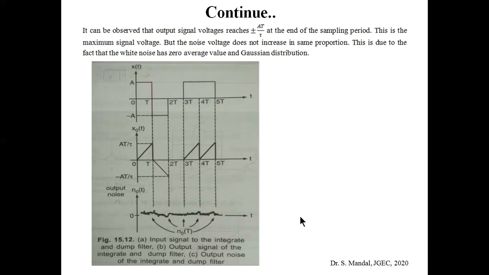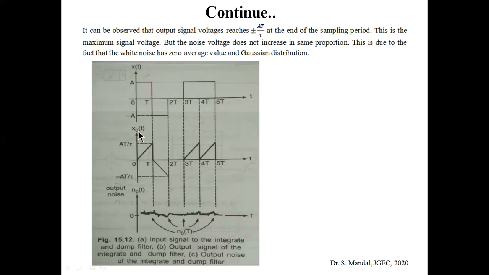Next, this figure shows the corresponding input and output for a particular type of signal. If you consider this type of signal x(t), like A, minus A, 0, then what will be the output of the integrator? That is given by the following equation.